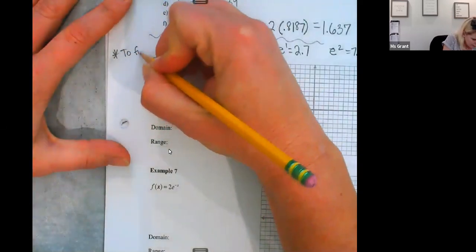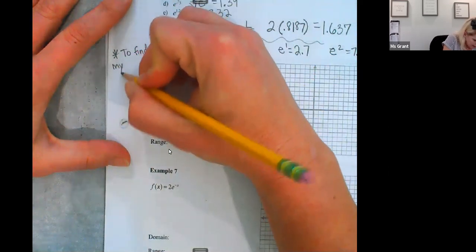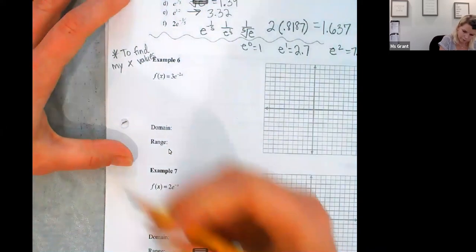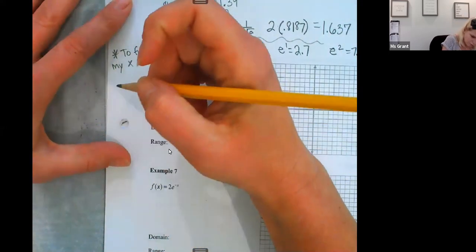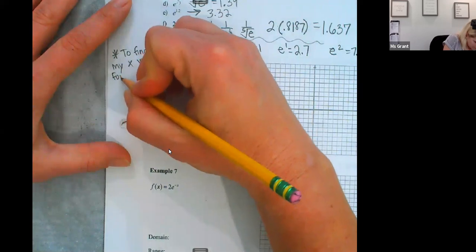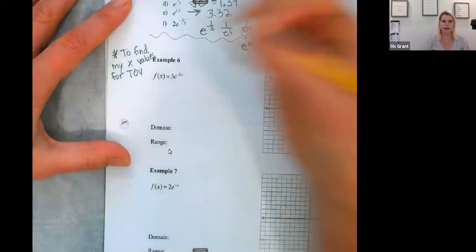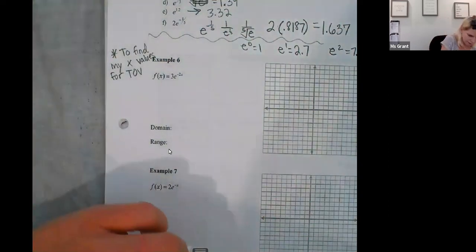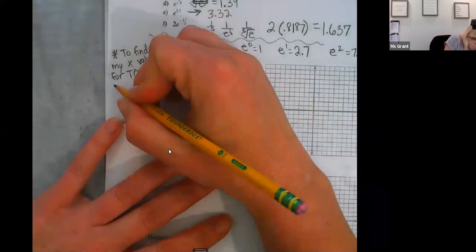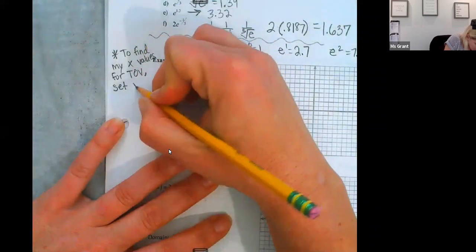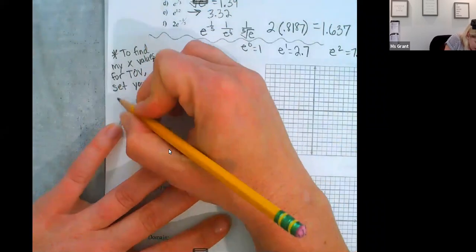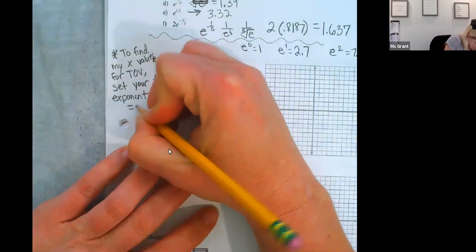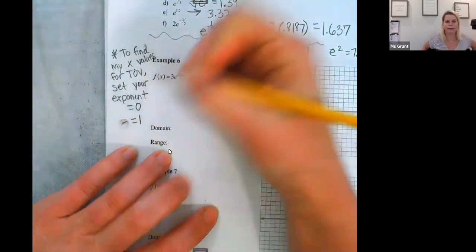To find my x values for your table of values, TOV, set the exponent equal to 0 and equal to 1.